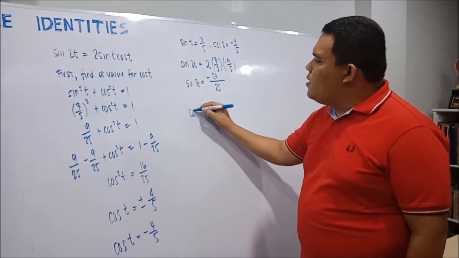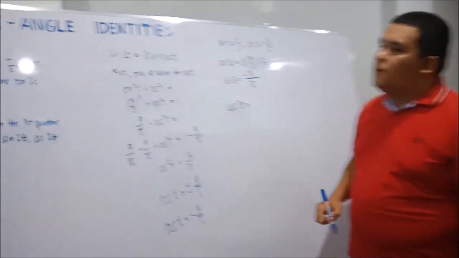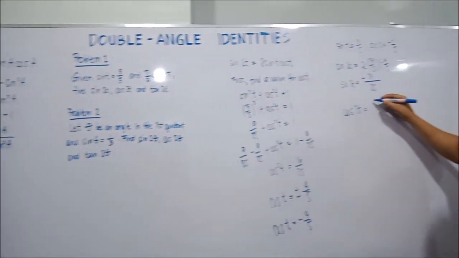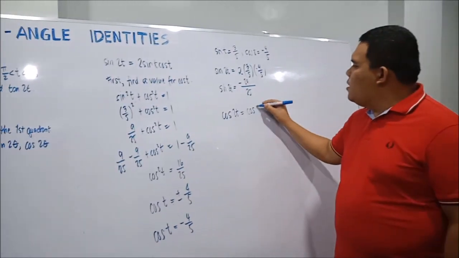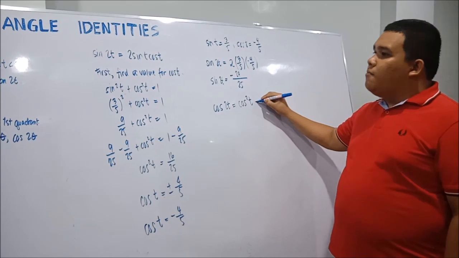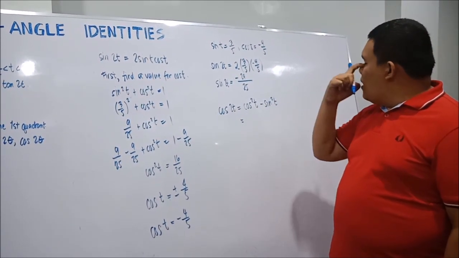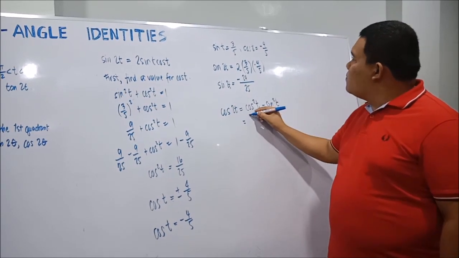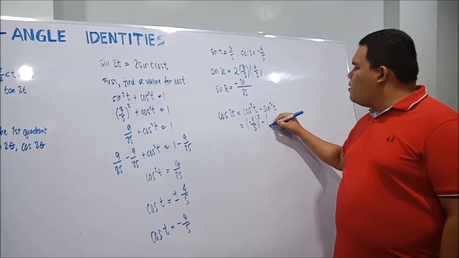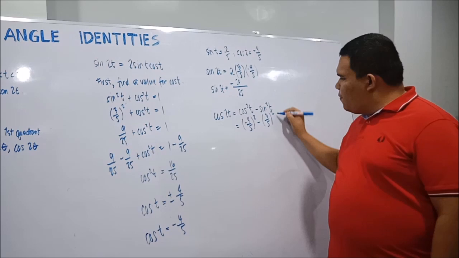Now for cosine 2t, we can make use of any of the three identities. We make use of the first identity, cosine squared t minus sine squared t. Again, we have the value for cosine t, negative 4 over 5 squared, minus 3 over 5, the value for sine t, raised to the power of 2.